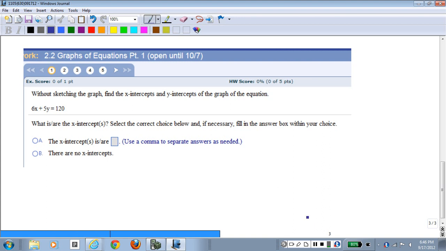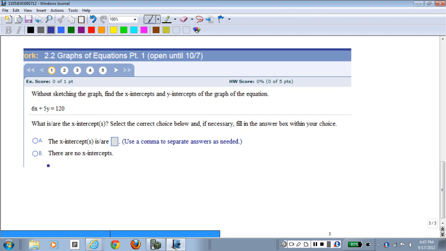Key procedure here: if we want to find an x-intercept, we observe that points on the x-axis all have different x-coordinates, but they all have the same, what? Y-coordinate. What's the y-coordinate of every point on the x-axis? 0. So to find an x-intercept, we substitute 0 for y and solve it for x.